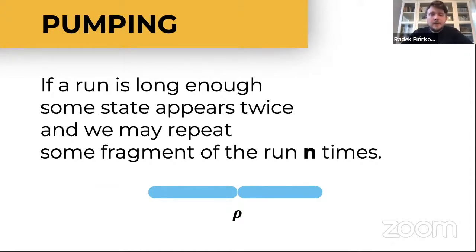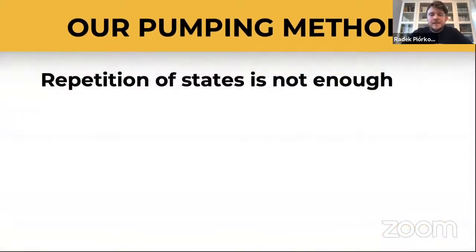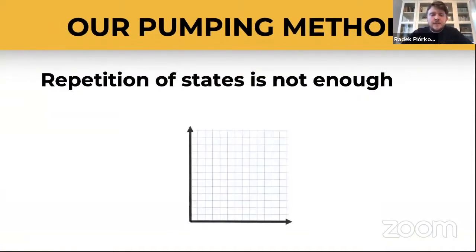So how does our pumping method relate to this simplest case of pumping? The first easy observation to make here is that now repetitions of states are not enough. For example, if we have a run like this, and some states in this run repeat, for example Q and Q here, then pumping is not possible.